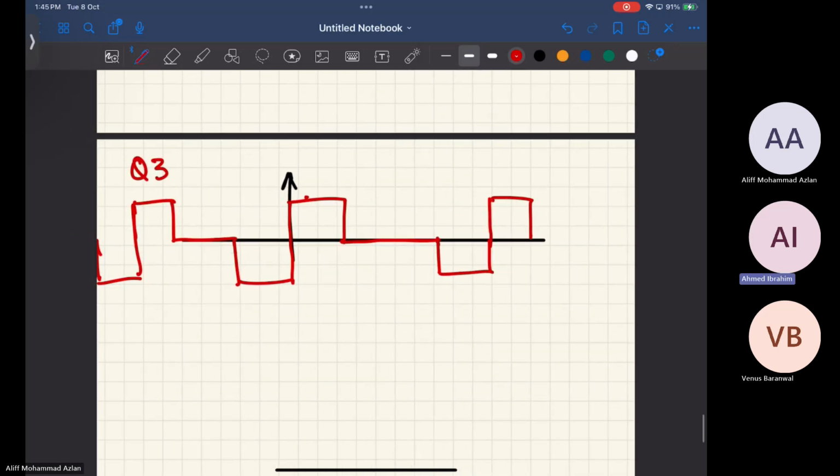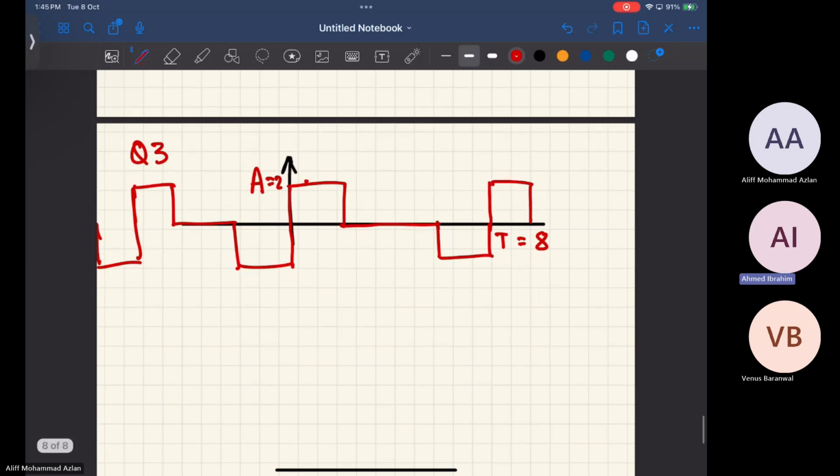And we are given this is A, which is equal to 2. And this here is T, which is equal to 8. And we're required to calculate the trigonometric Fourier series up to the 5th harmonic.